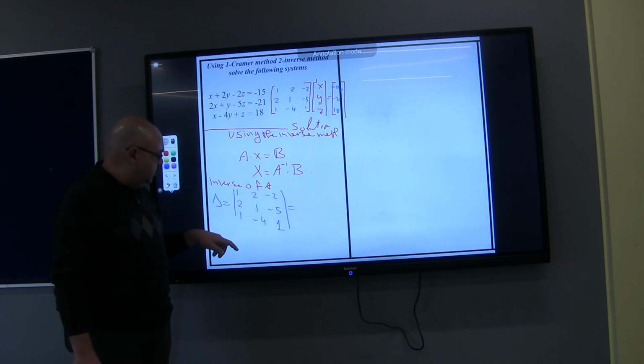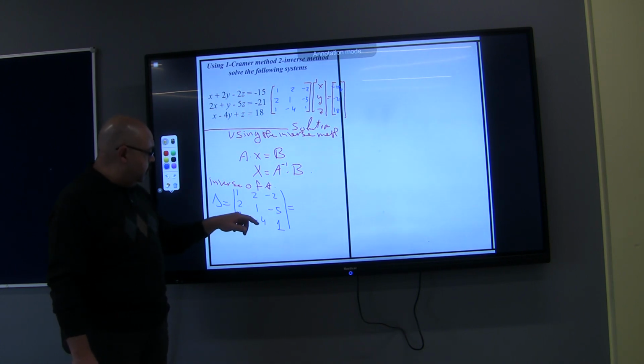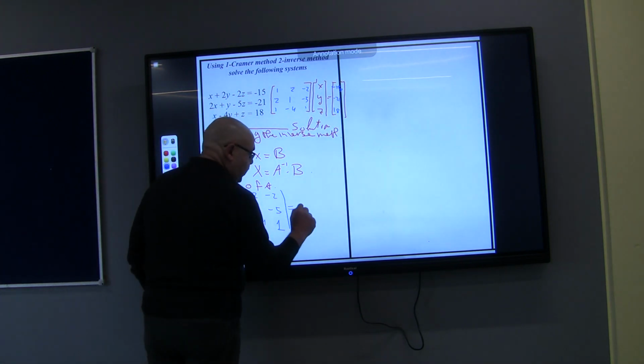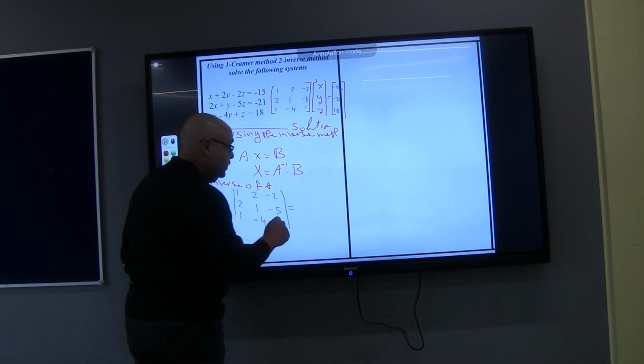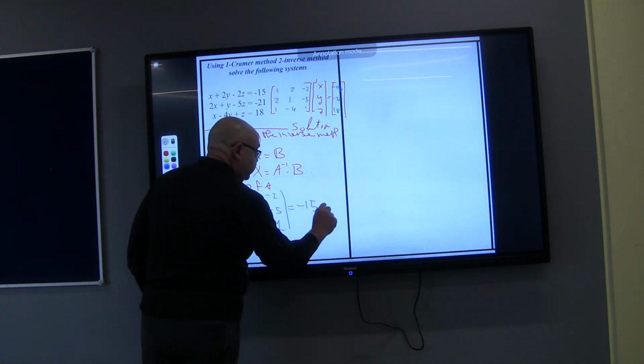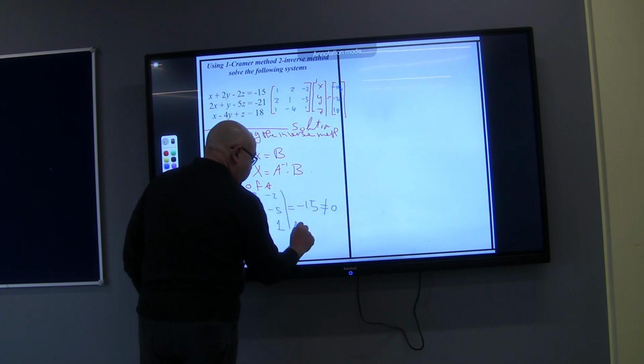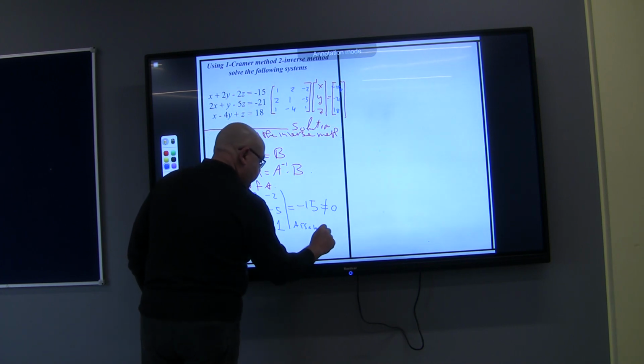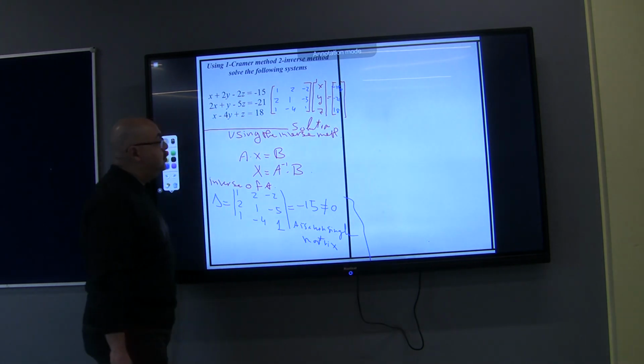On the other side, you will have negative 2, then negative 20, then plus 4, so you will end up having negative 15. This doesn't equal 0, so A is a non-singular matrix. So really this system has a unique solution.